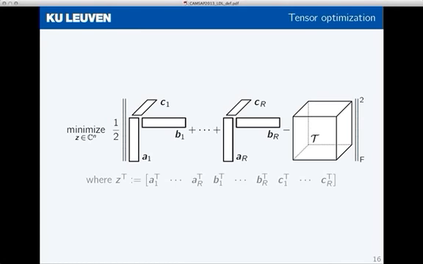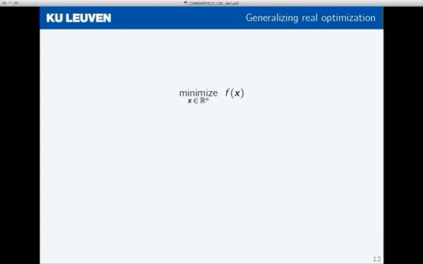We stack all the parameters of this CPD in a vector of unknowns z, and we optimize over z to find the decomposition. So it's an optimization problem. And z could actually be a vector of real variables, a real-valued optimization problem, or we could have a complex z that appears in the expressions as z and z bar. Now here we have a problem.